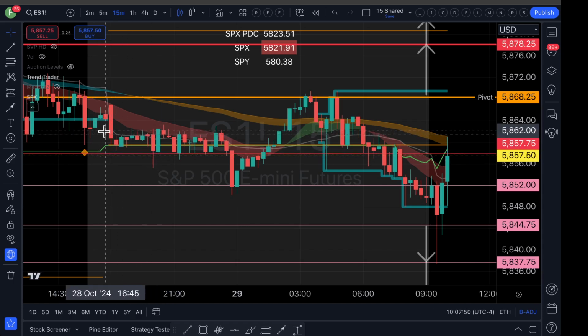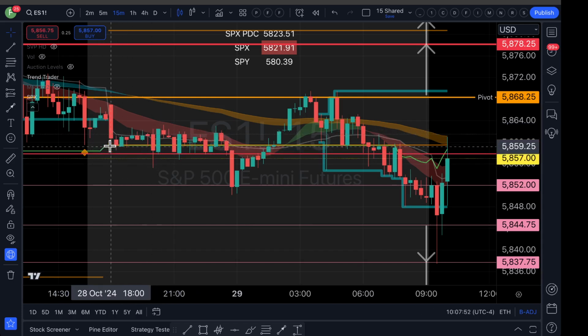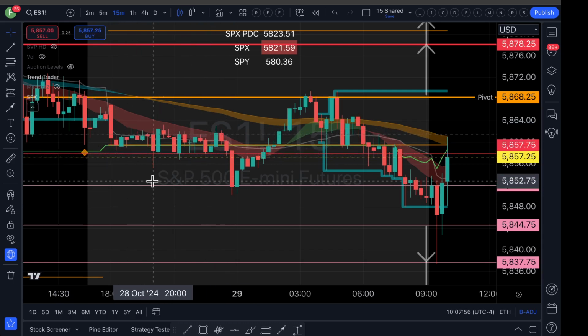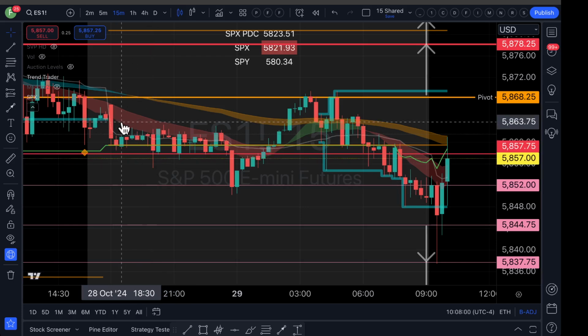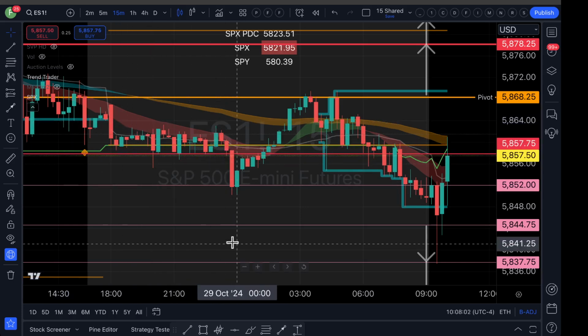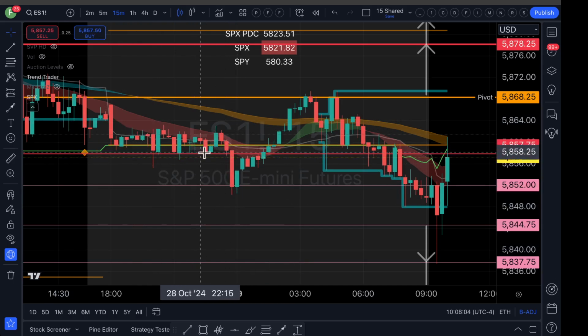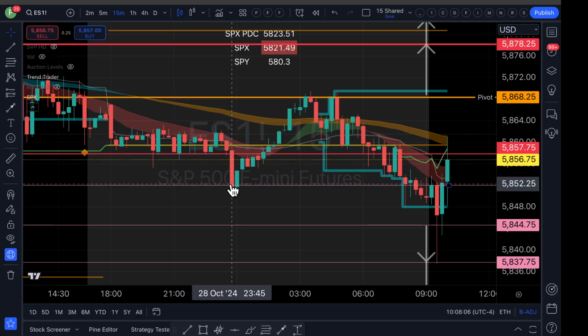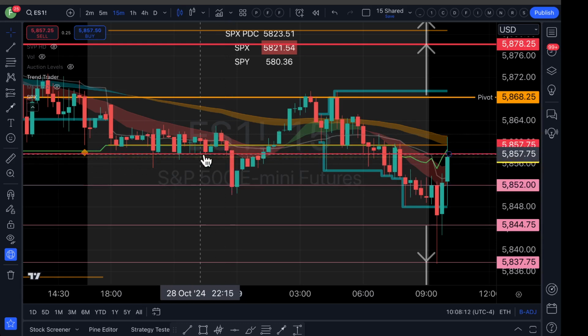So you can see this is chop. You can draw a box around this, and then say if we break below it, you go down. I don't really do a whole lot of that, but you can put a box around it. You can see we break out of it to the downside. If you chased it without good stop loss management, then you might lose money.